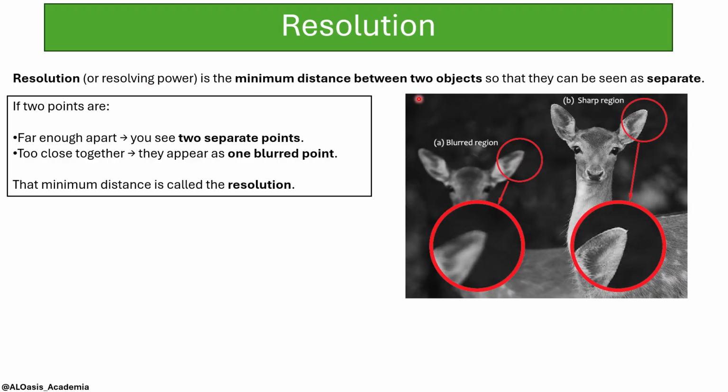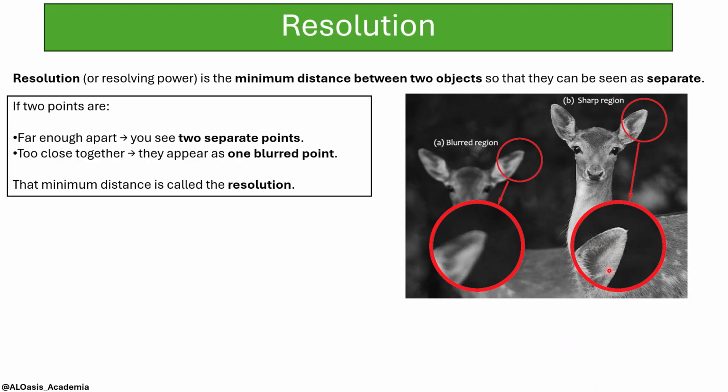For example, if you are looking at this captured image here, a low resolution image would give you something like that. You cannot see the details of the image, and the vast majority of the points will be just shown as blurred points. So that's a low resolution image. A high resolution image is a sharp image where you can see the details.